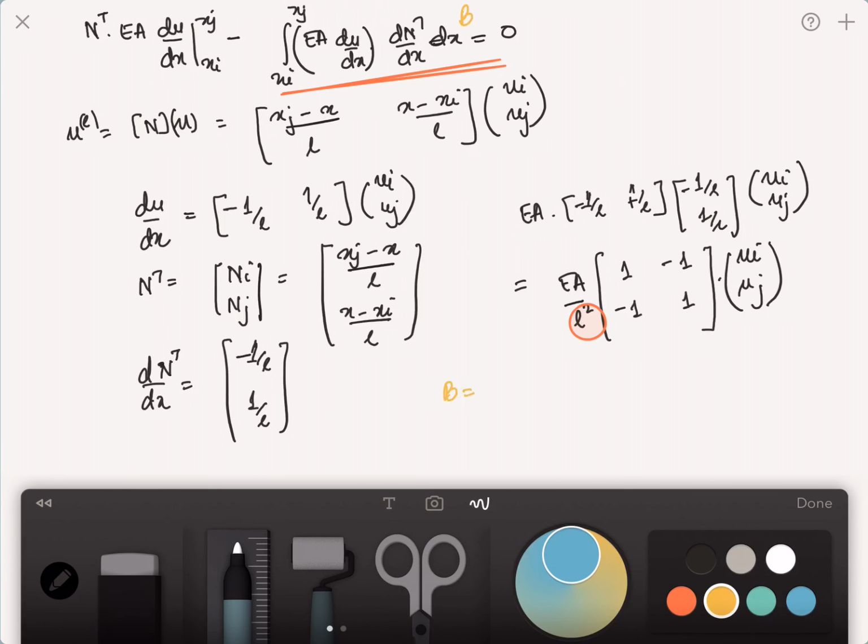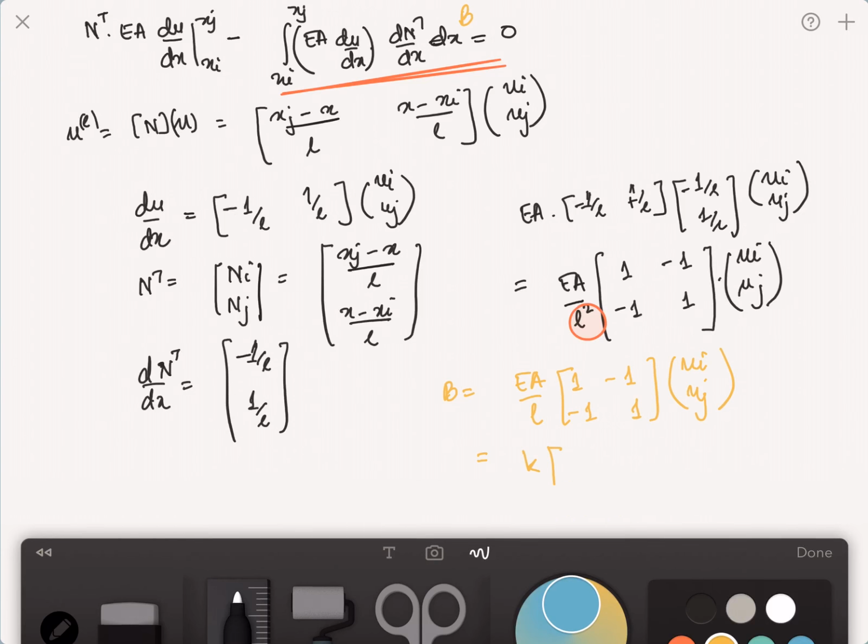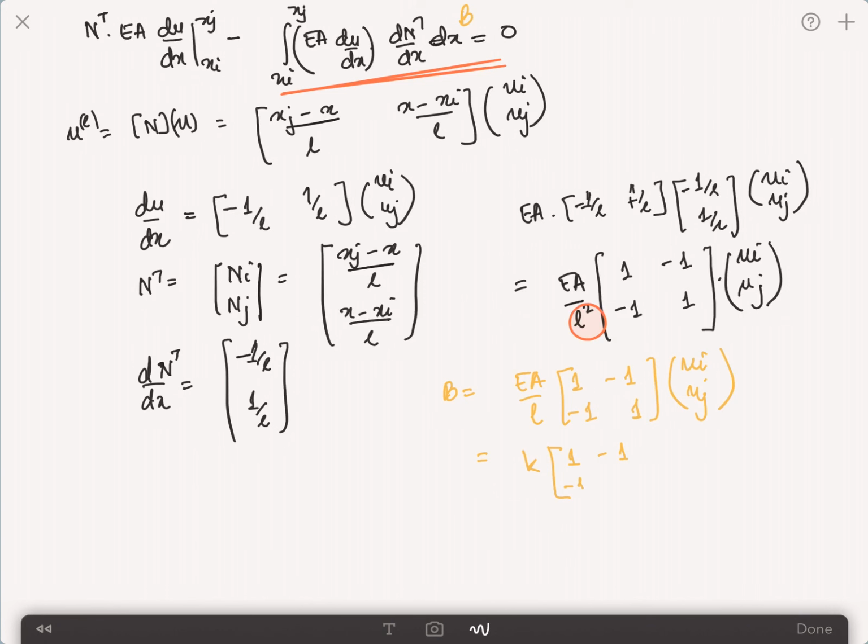Then b here will be equal to EA by L, [1 minus 1; minus 1 1] times ui uj. If you look carefully, this is nothing but the stiffness matrix, [1 minus 1; minus 1 1], times the displacement vector u, that is given as the same relation as b.